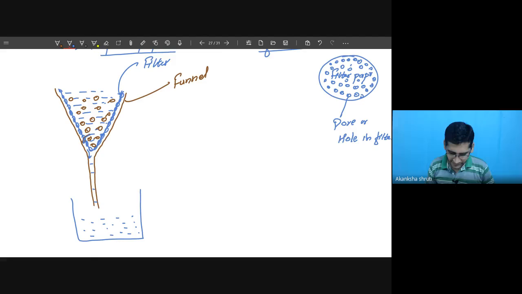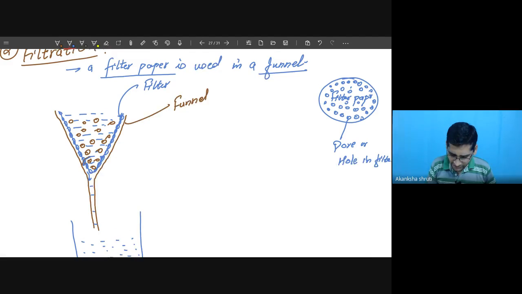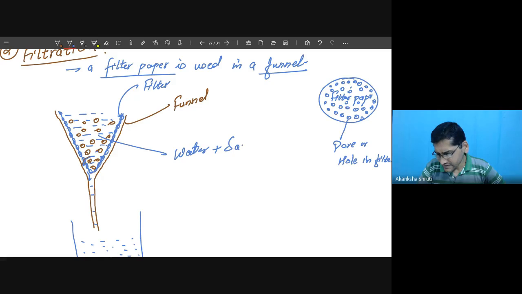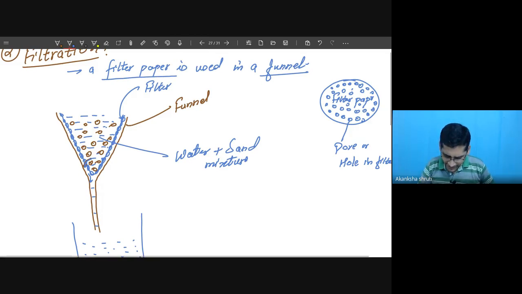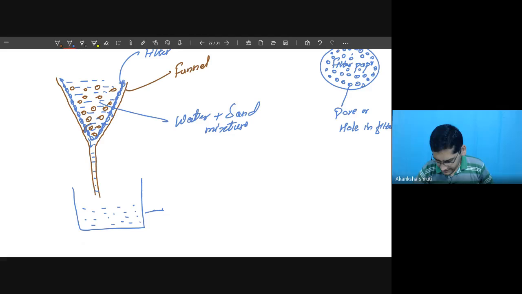So this is the water and sand mixture. The water is able to cross these holes and will come down and get collected here. So lastly, what is collected here is pure water, no sand.